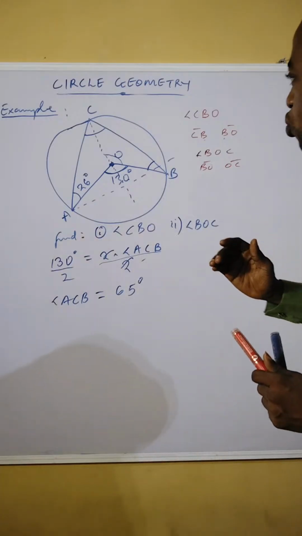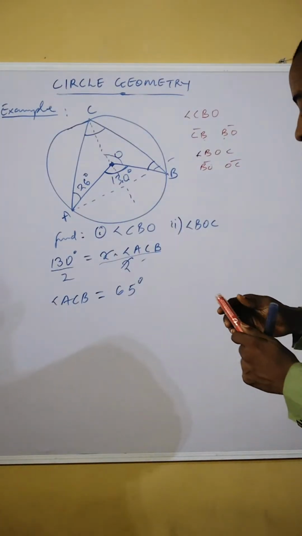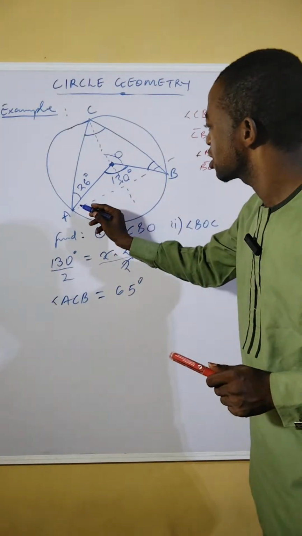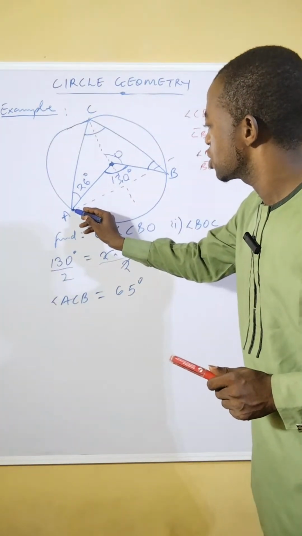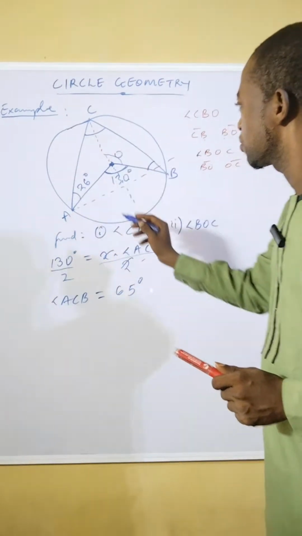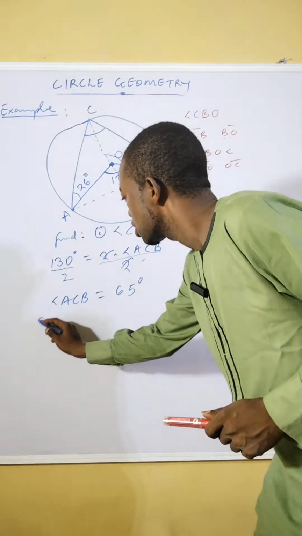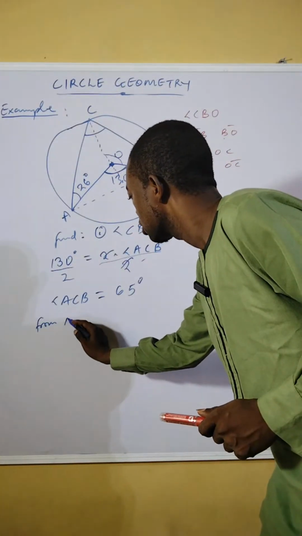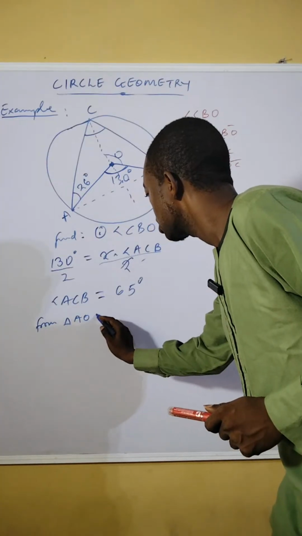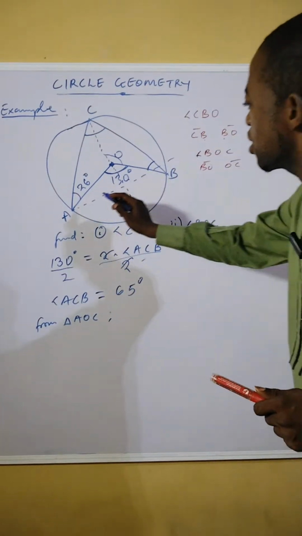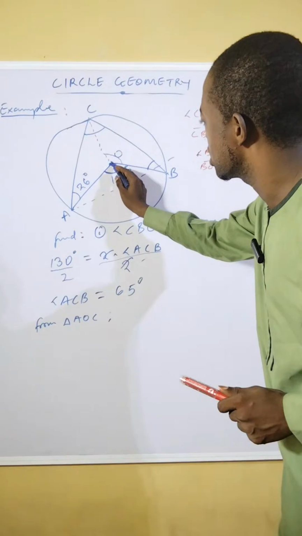And also, looking at this diagram from here, we discover that we have a triangle here, which is triangle AOC. And we can say from triangle AOC, looking at that, we have AO is a radius.